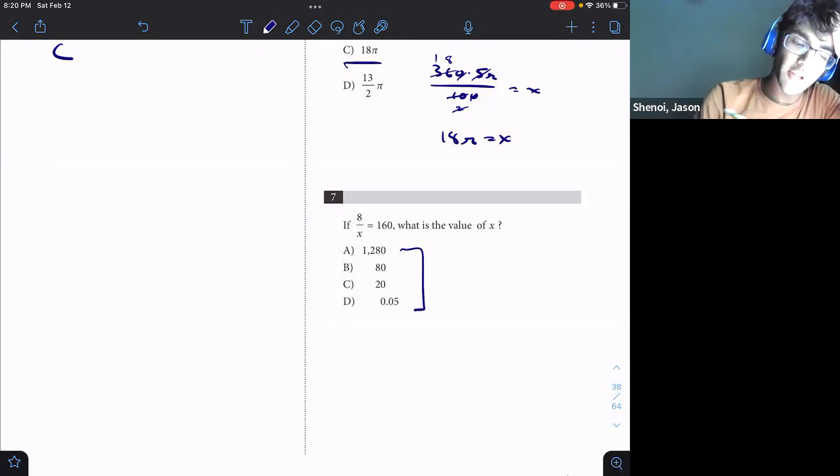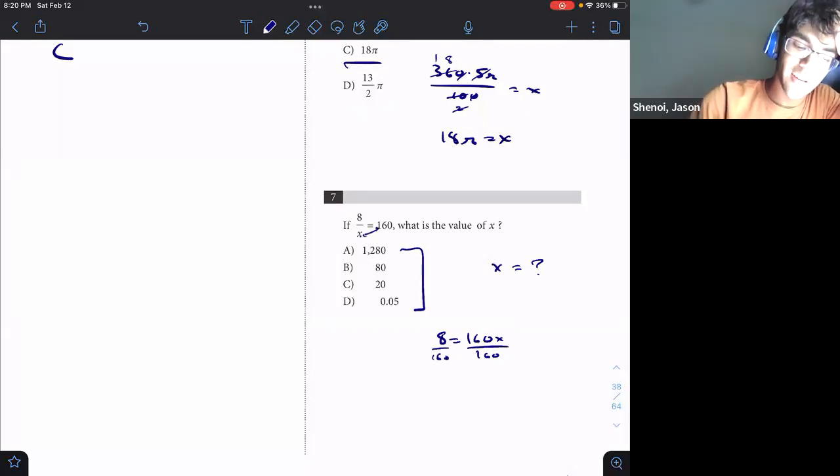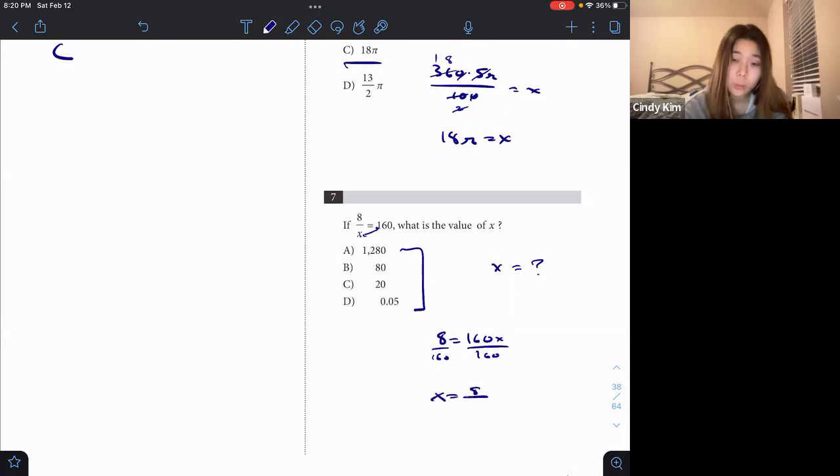How you would solve this problem is you want to get x on one side of the equation equals something. So you can multiply both sides by x. You get 8 equals 160x. Then you divide both sides by 160. Basically, you can just switch those. So x equals 8 over 160.